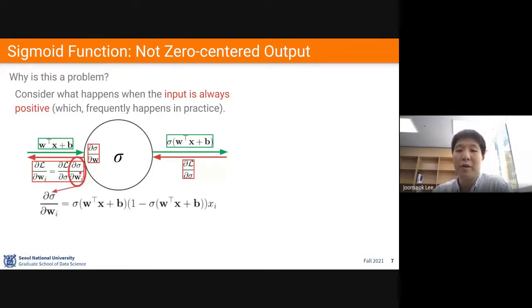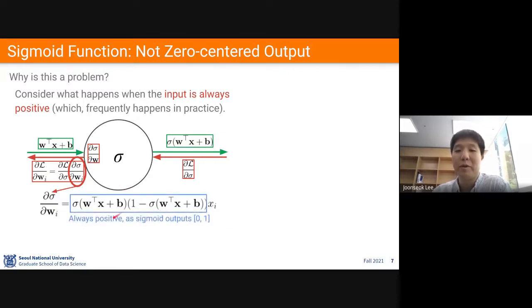See here, when the sigmoid function is taken with the partial derivative with each element of the weights, it looks like this. Remember that the sigmoid function's derivative is itself times 1 minus itself. And because we have this linear transformation, xi comes out when we take the partial derivative with wi, because wi and xi are multiplied to each other.